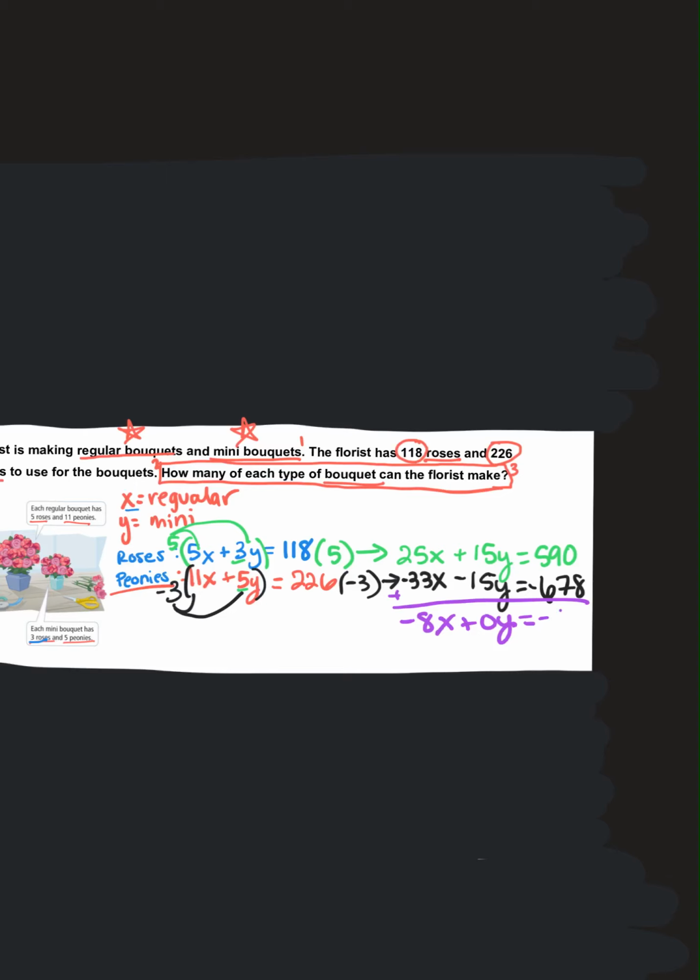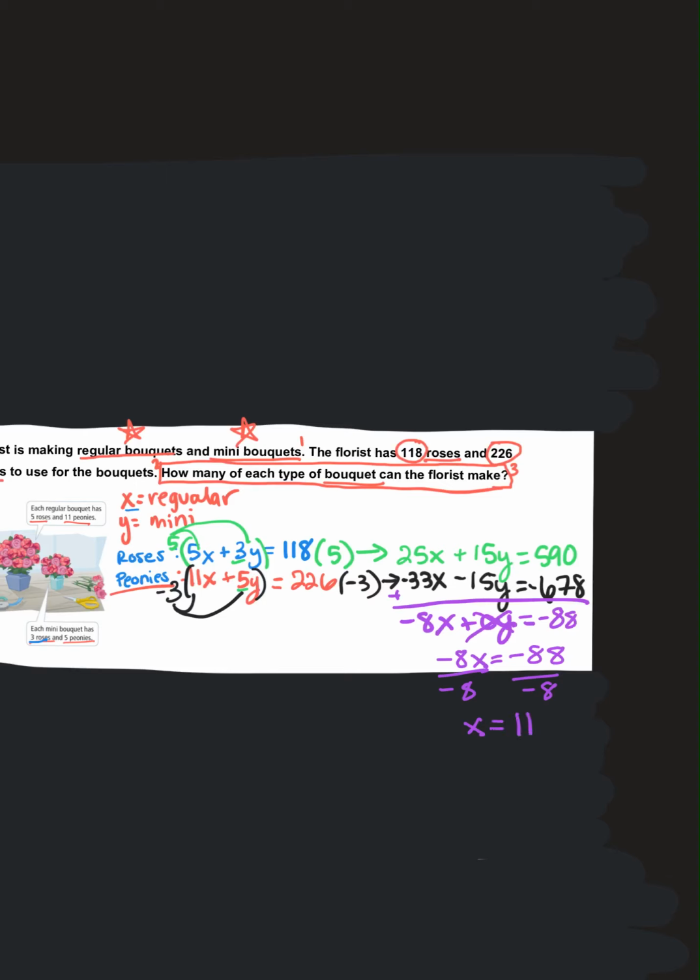And when I subtract those, I get 88. The 0y goes away because it's 0, so negative 8x equals negative 88. And we're going to divide by negative 8 on either side, and we get x equals 11.